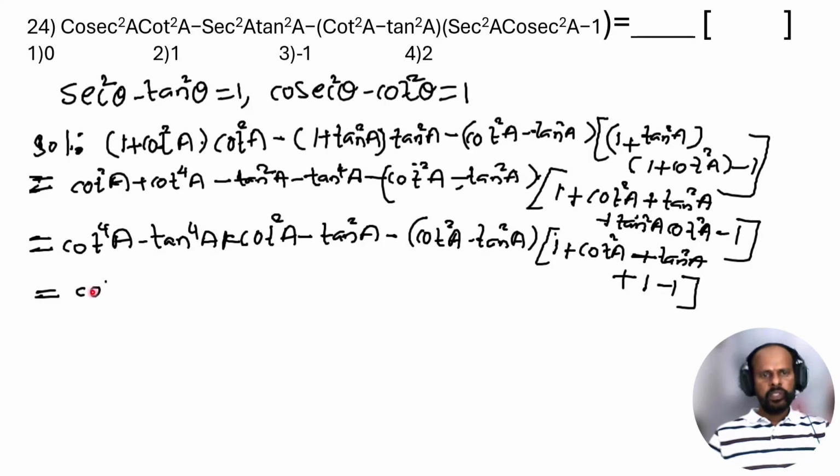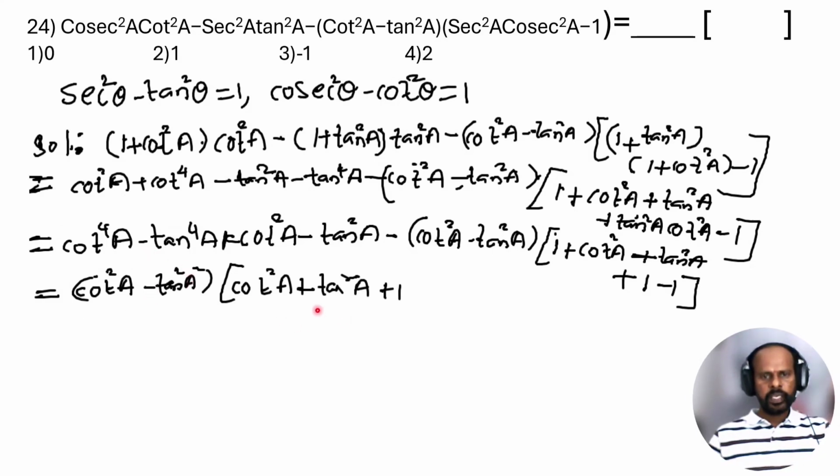Next, if you take cot square A minus tan square A common, this is in the form of a square minus b square, so a square plus b square, a square minus b square, a minus b common, and this is a plus b. In this also, taking it as a common, 1 is left, and the terms outside the bracket are 1 plus cot square A plus tan square A. So here 1 and 1 get cancelled.